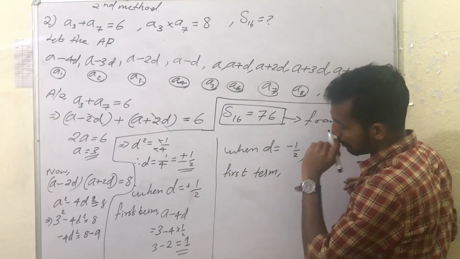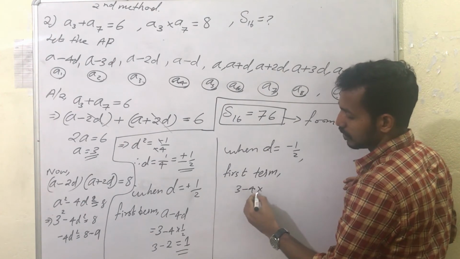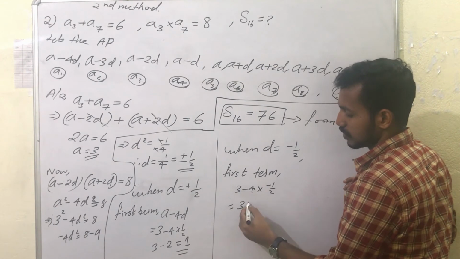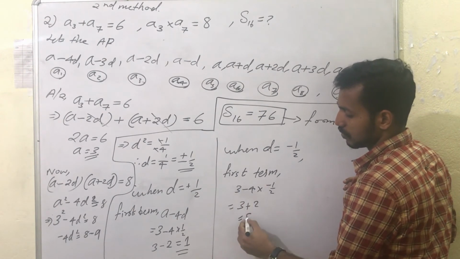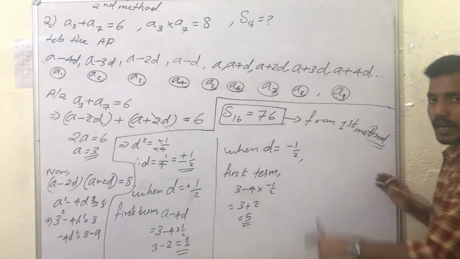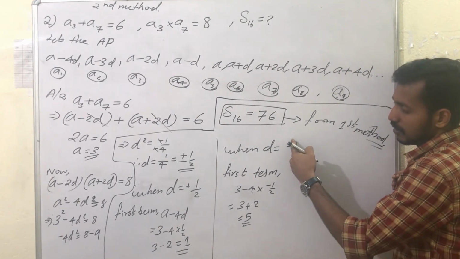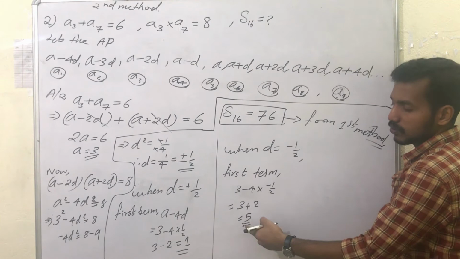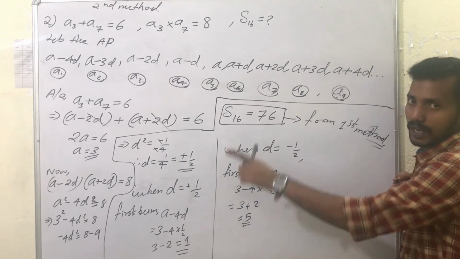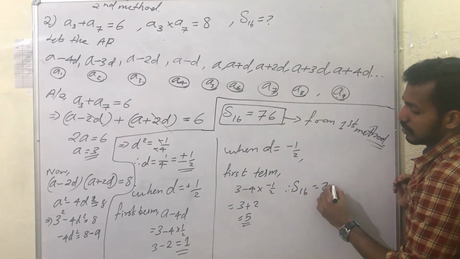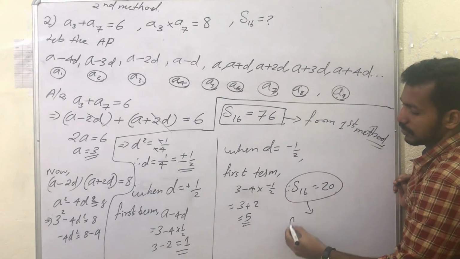First term will be 3 minus 4 into minus 1 by 2, which is equal to 3 plus 4 by 2, which is 2, so it is equal to 5. Same as the answer we got in the first method, that is when D is equal to minus 1 by 2, the first term was 5 in the first method. Therefore, A16 is equal to 20. This is also what we got from the first method.